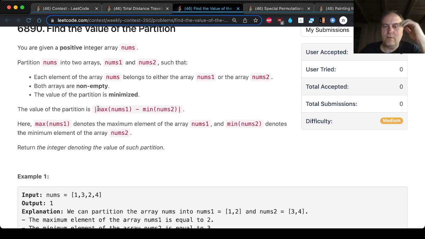Oh, so okay, so the maximum. Okay, so I misunderstood. Okay, so the maximum 100, 1, 10. So maximum.